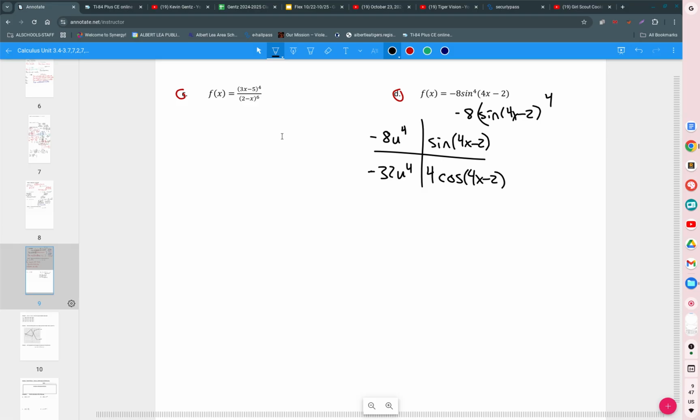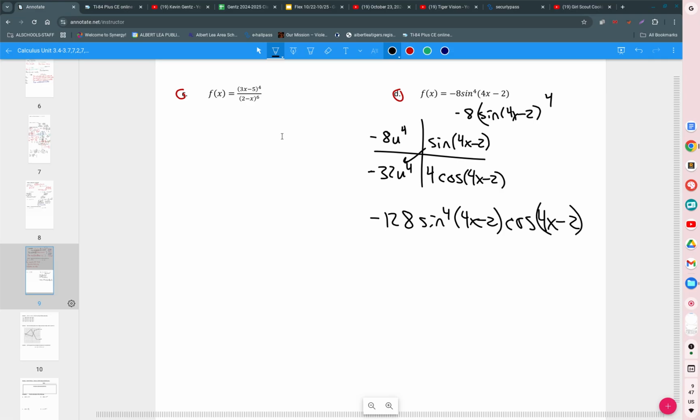How do we come up with our final answer? We take those two and we multiply them. So I get 4 times -32 is -128. I'll plug in u. Remember, sine goes in for u, so it's sine to the 4th of 4x minus 2, times the cosine of 4x minus 2. And that's my derivative. Agree?